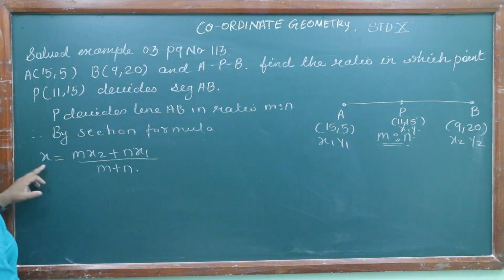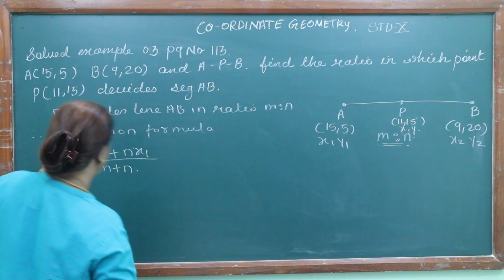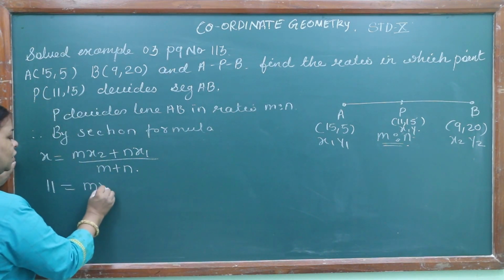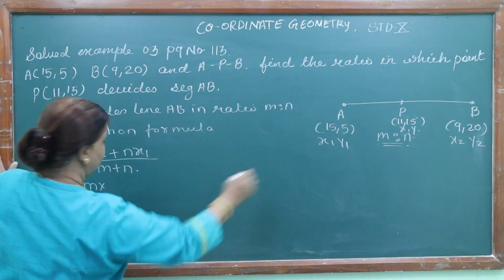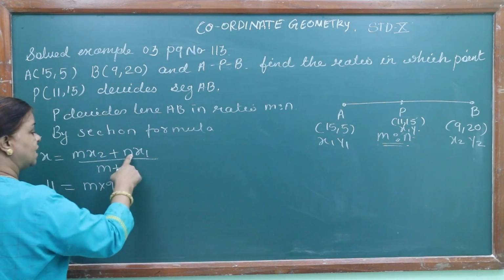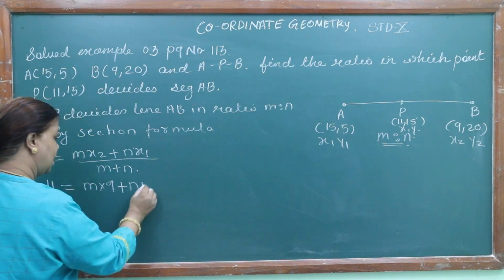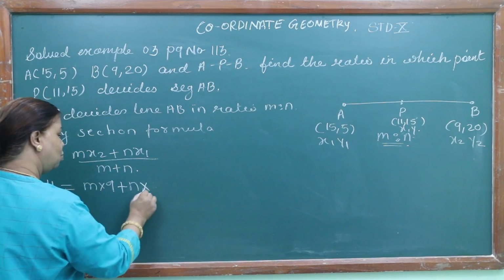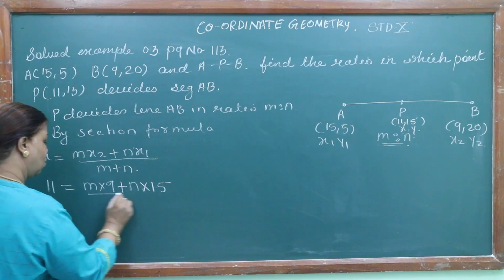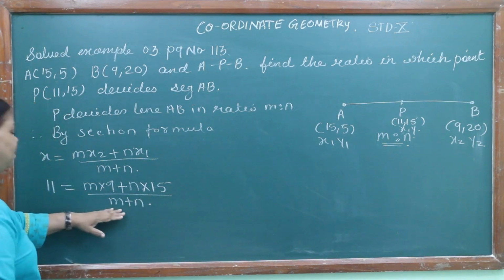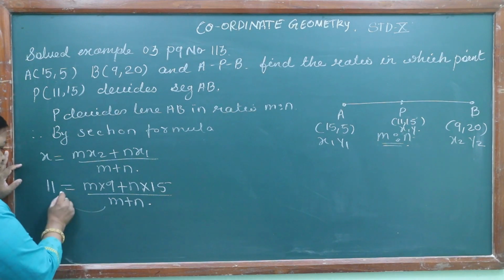Okay. Now x is given 11 is equal to m into x2. x2 is how much? 9 plus n, we don't know. x1 is how much? 15 into 15 upon what? M plus n. Now m plus n will go here.